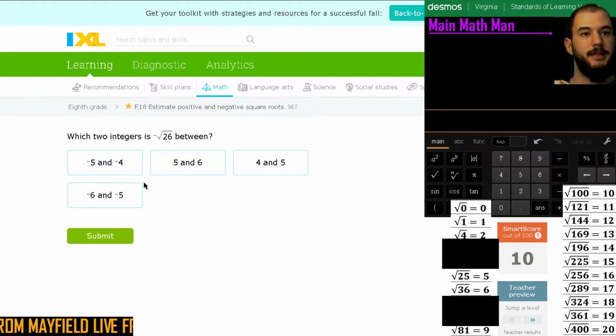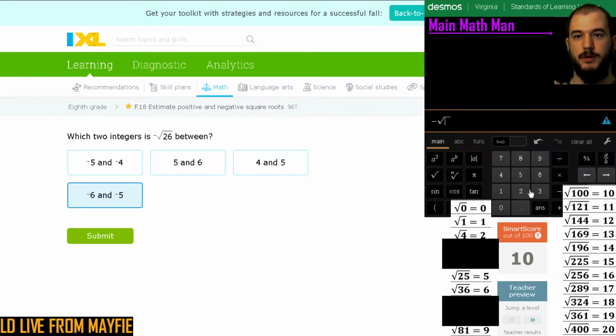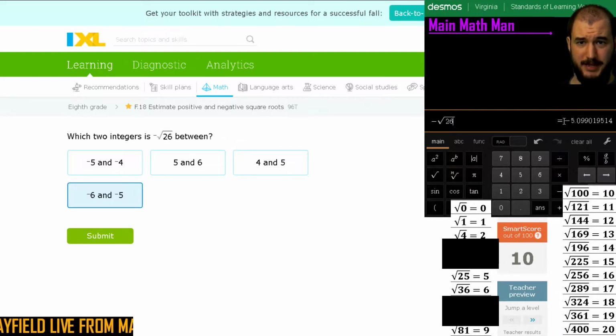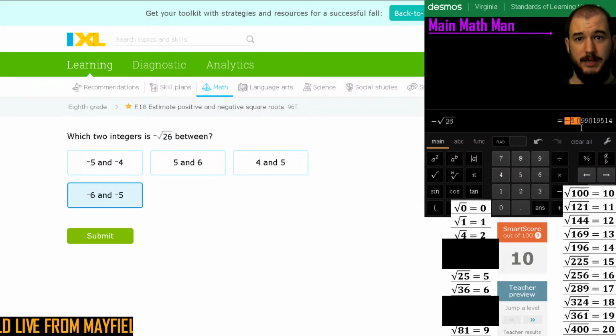I have to make sure I say negative 5 and negative 6, not positive. Always double check. I have the negative square root of 26. That's just a little bit above 5, so it's between negative 5 and negative 6.